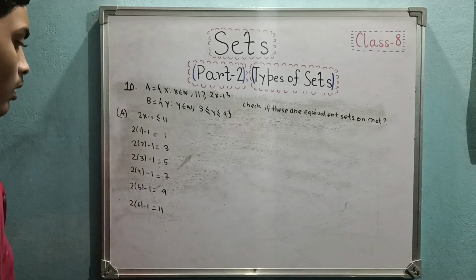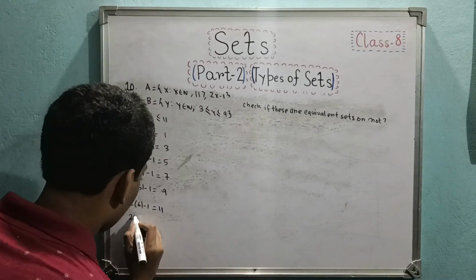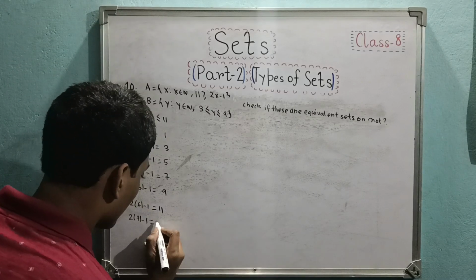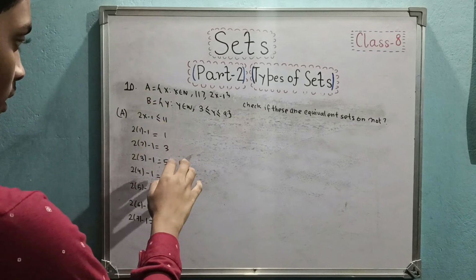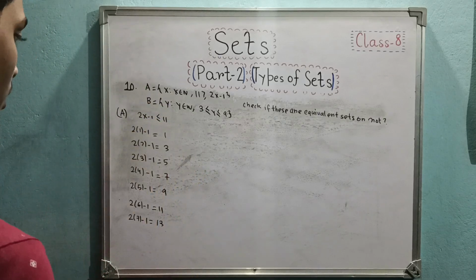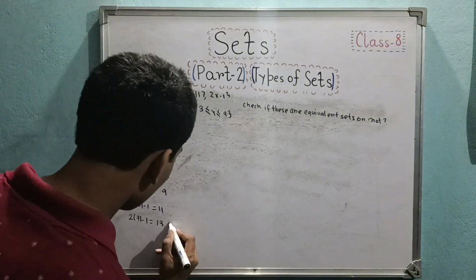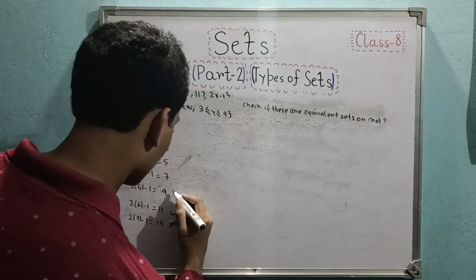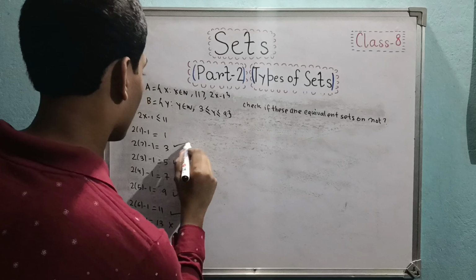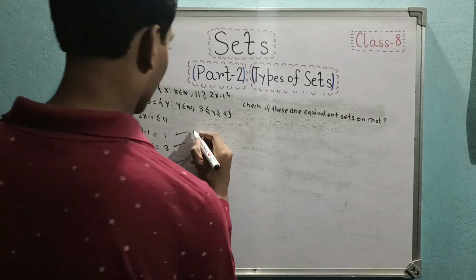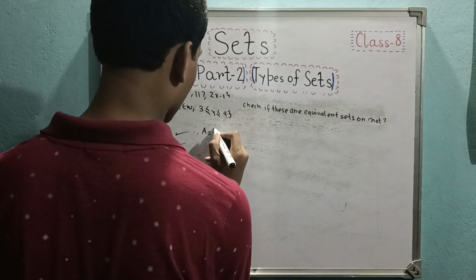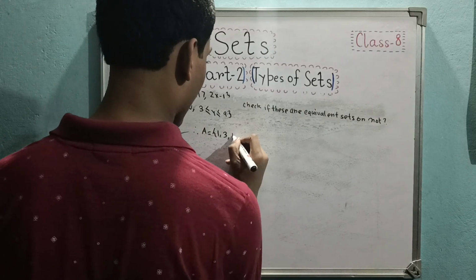But for 2 into 7 minus 1, this becomes 13. 13 is greater than 11, which is not possible here. It should be less than or equal to 11. After this also not possible, but these are all correct. Got it? So what are the possible values for A then? 1, 3, 5, 7, 9. Therefore A equal to {1, 3, 5, 7, 9}.